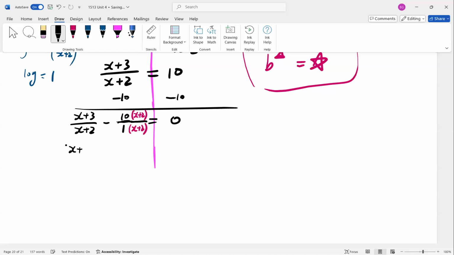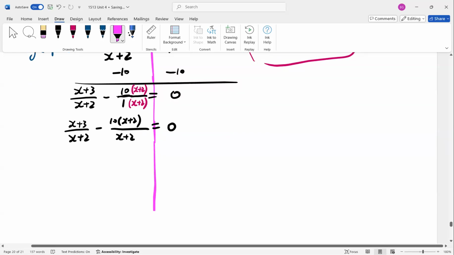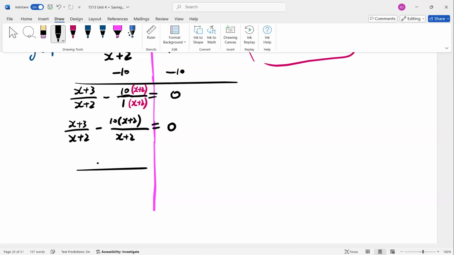Then we have x plus 3 over x plus 2 here, and we have 10 times parentheses x plus 2 over x plus 2 here. The purpose is to make the two rational expressions have the same denominator. Now they have the same denominator. Keep the denominator. Solve the top.